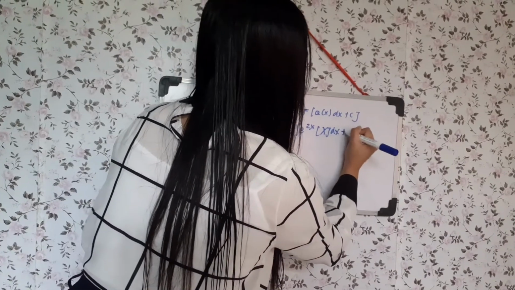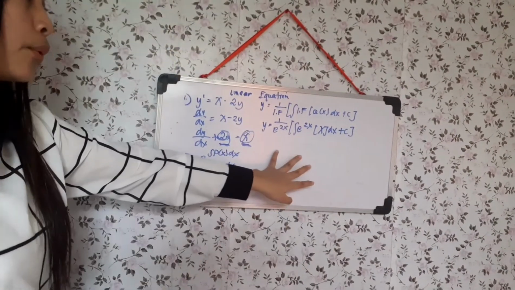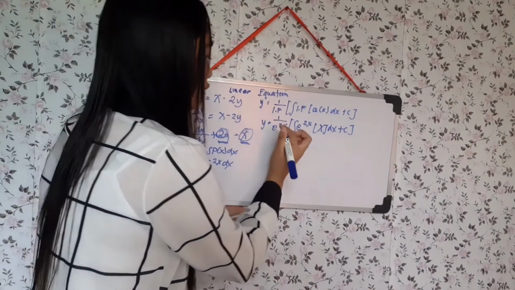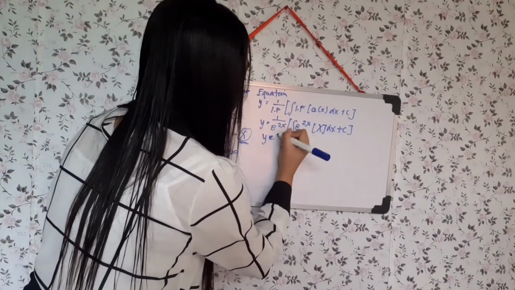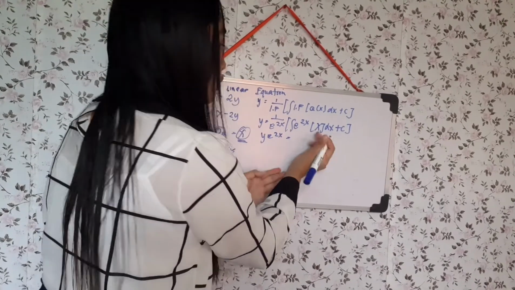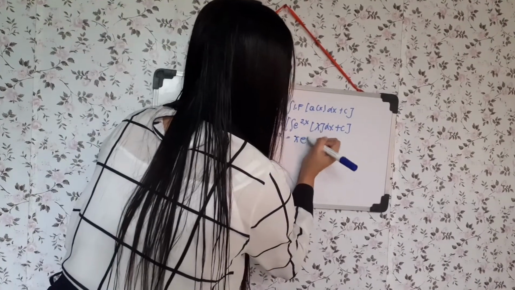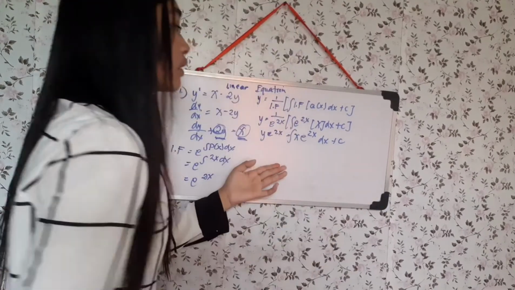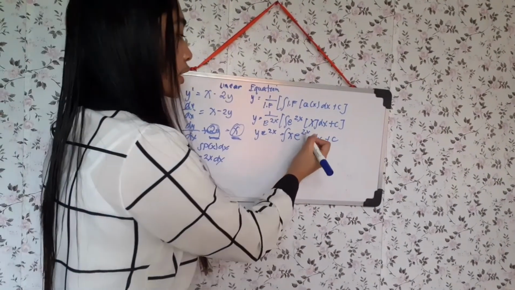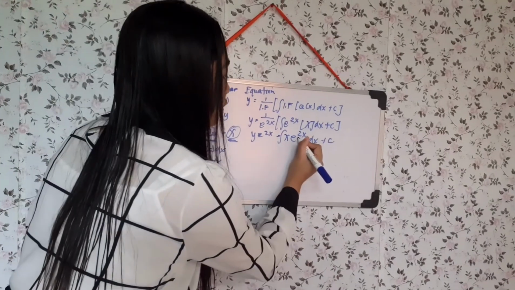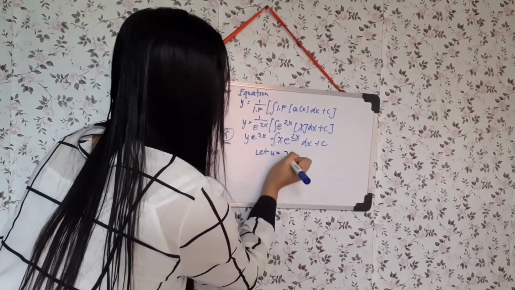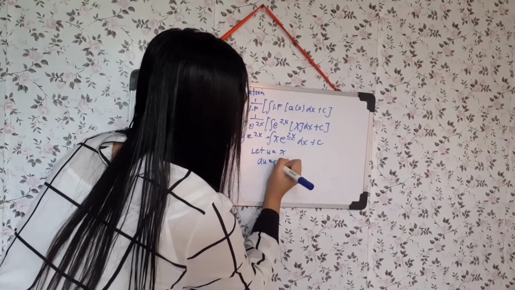dx plus c. Now multiply, so we have y e to the 2x equals the integral of x e to the 2x dx plus c. Now let u equal x, so du equals dx.